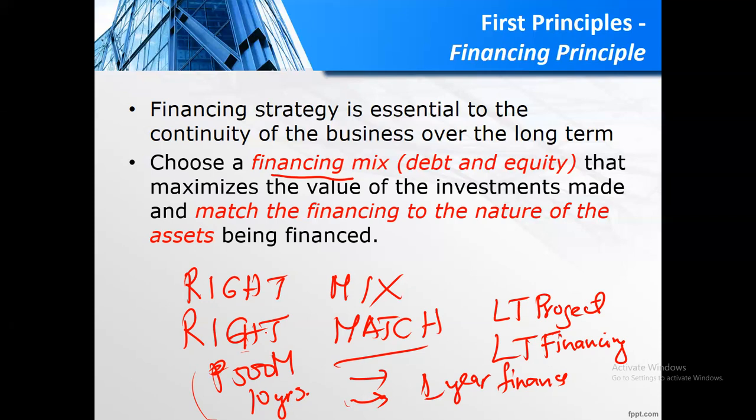No, that will be something that's very stupid. A long-term project should be financed by long-term financing. On the other hand, for an asset that will be useful only for 3 months, you don't borrow funds that's payable in 20 years. So that's also wrong. So it's important to have the right mix of debt and equity in the capital structure and the right matching for specific projects the company will be involved in.